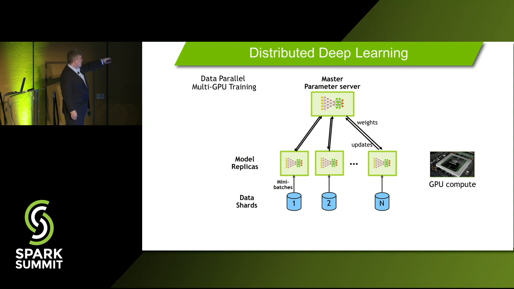Because GPUs are so much faster at training these models and doing backpropagation, GPU compute becomes extremely important. And what you'll notice from this is that often this can be tens or hundreds of terabytes of data, even more in some cases.